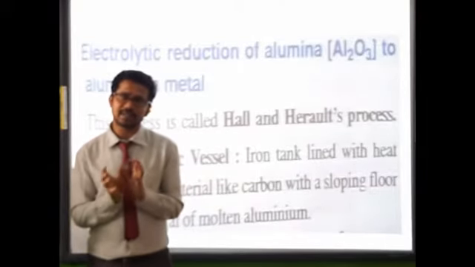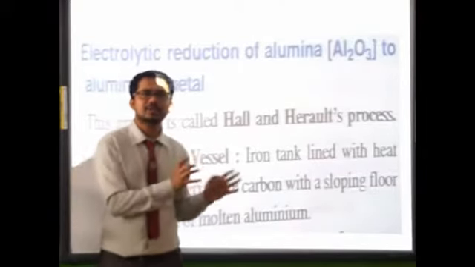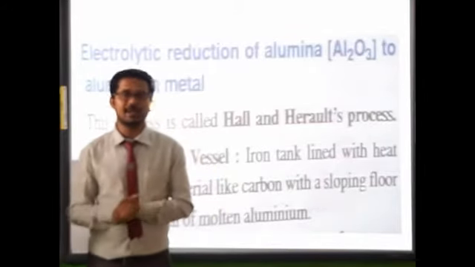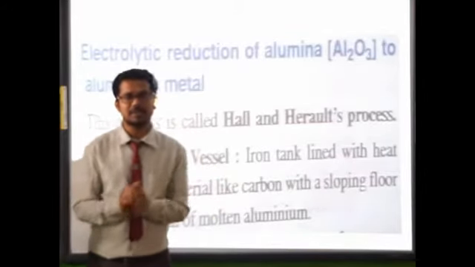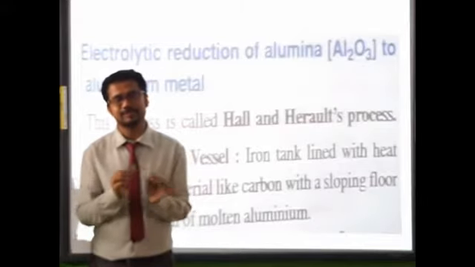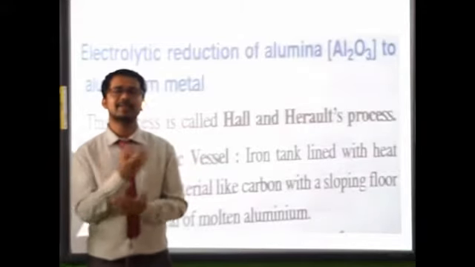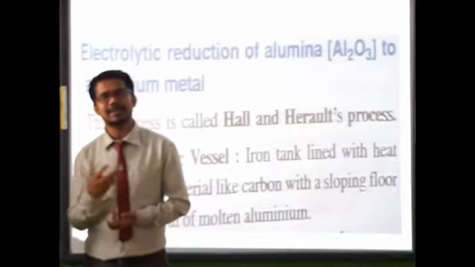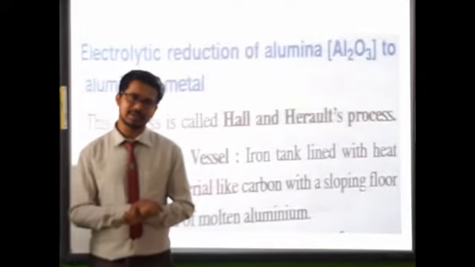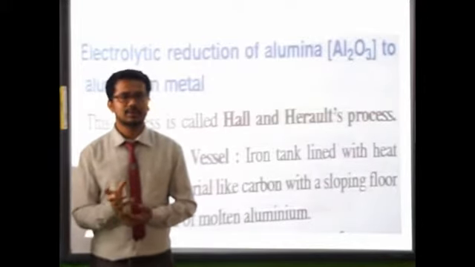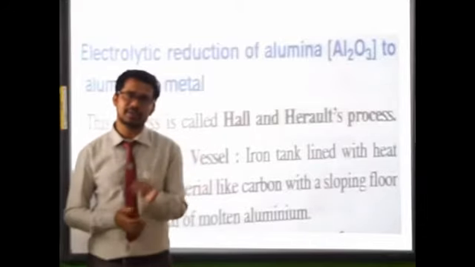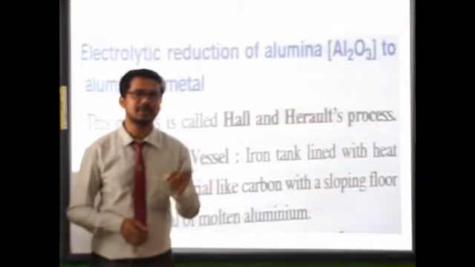So whenever we add caustic soda to this powdered bauxite, we'll get sodium metaaluminate in solution as a filtrate, and in the residue we'll be getting iron oxide and titanium oxide. This can be separated in the form of residue, and the residue is called red mud.